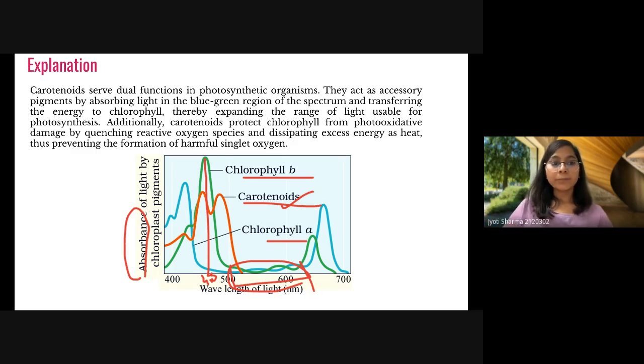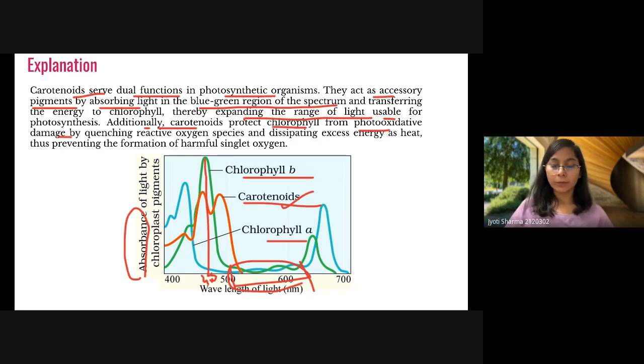So just see here, carotenoids serve dual function in photosynthetic organisms. They act as accessory pigments by absorbing light in the blue green region of the spectrum and transferring energy to chlorophyll, and therefore they are expanding the range of light that we can use for the photosynthesis. And along with that, it can also protect chlorophyll from photooxidative damage using two types of processes.